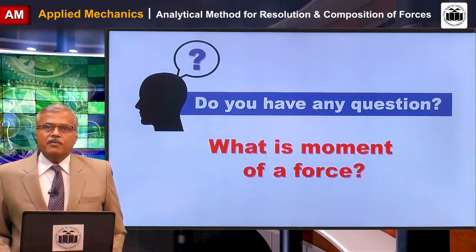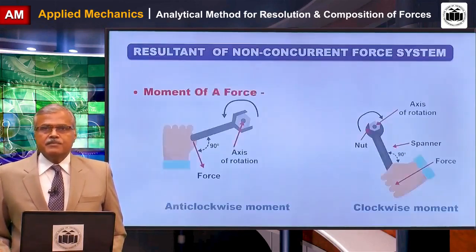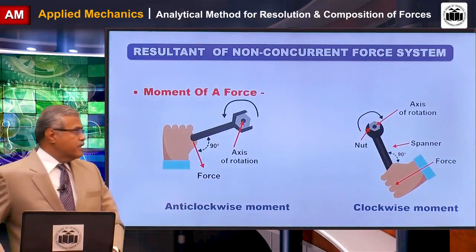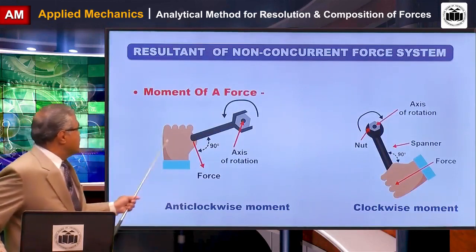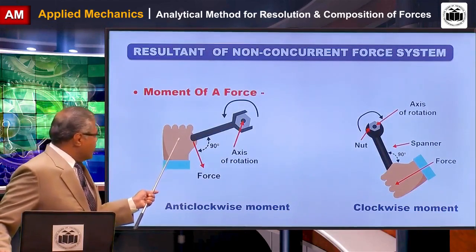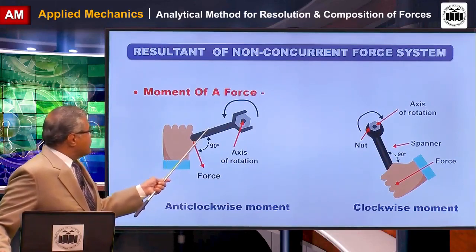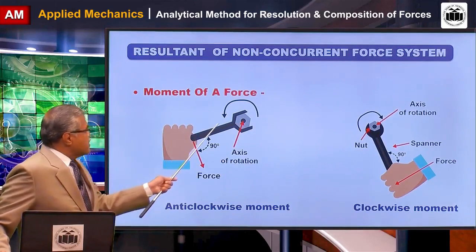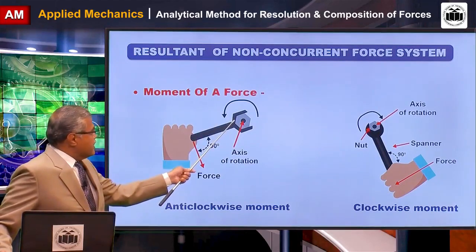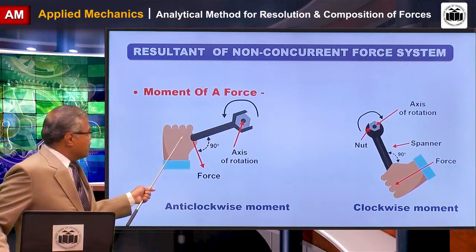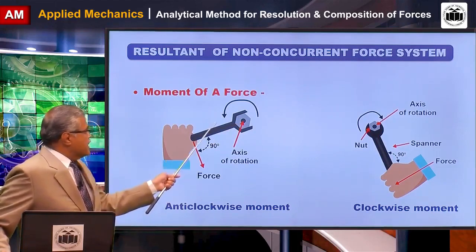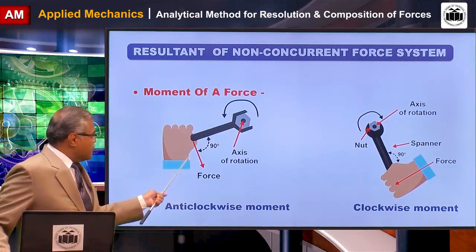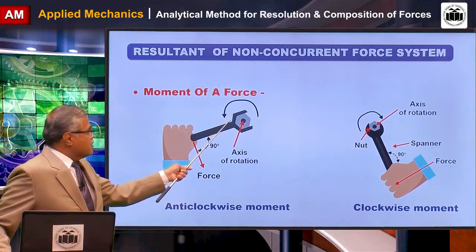Now I will explain it with the help of a diagrammatic representation. Moment can be explained with the help of these two diagrams. Here a spanner and nut are there. If I apply force in this direction, then because of this application of force, this nut moves.